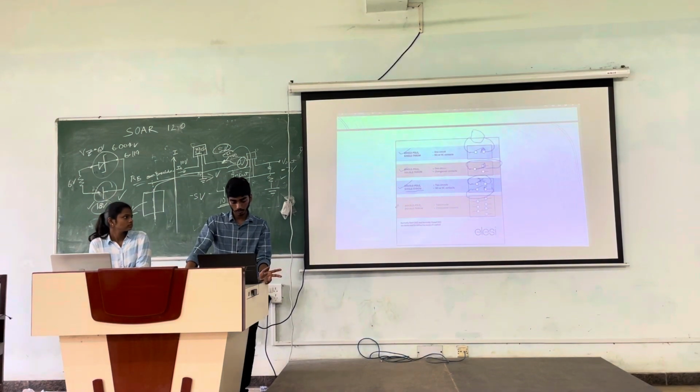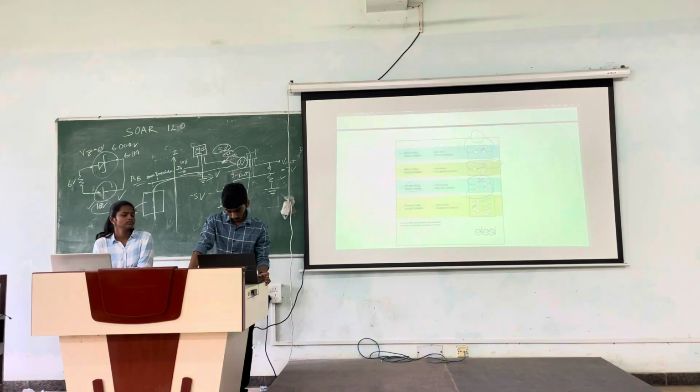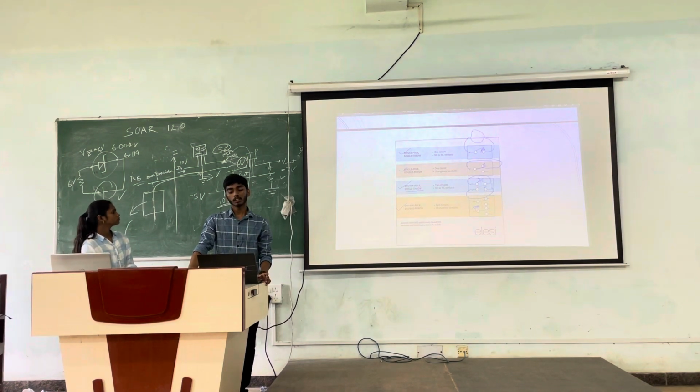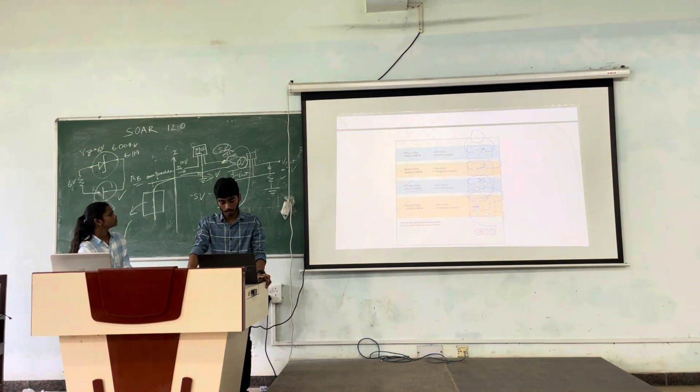Now DPDT, double pole double throw. So by double pole we mean that we can... okay, this one is just a mistake, I think. This should not be there. So double pole double throw means we can control two circuitries simultaneously, but we have two contact points also. Like if this toggle is connected to this point, then these two points are connected.